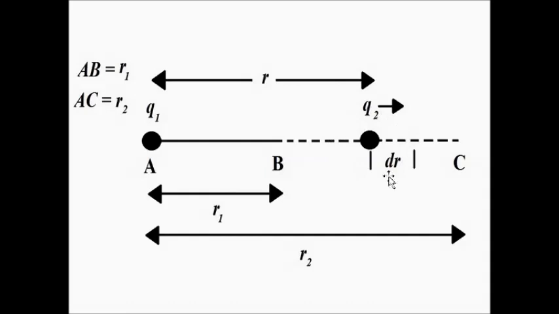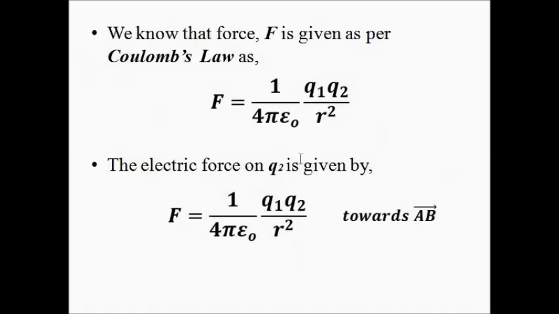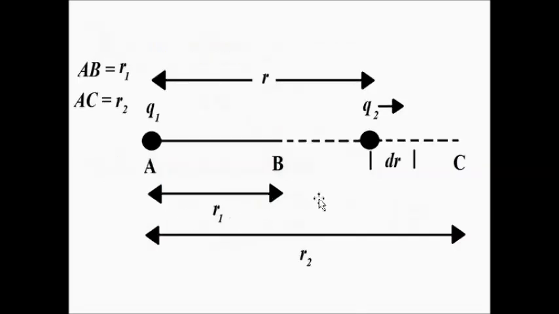So the displacement is generally denoted as R, and the direction is towards the AB vector.